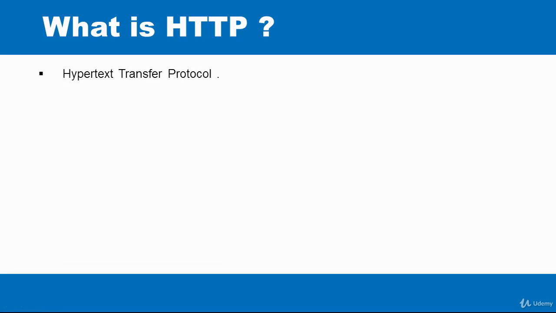It is the most popular application protocol used in the internet or the web to communicate. Web pages are basically made up of documents called HTML, and the HTML documents are constructed mainly using hypertext.